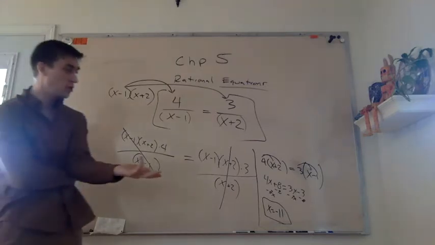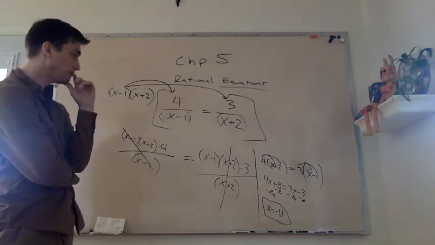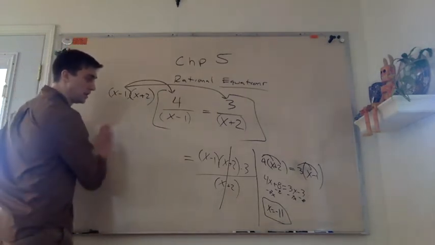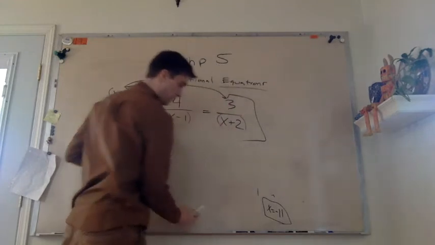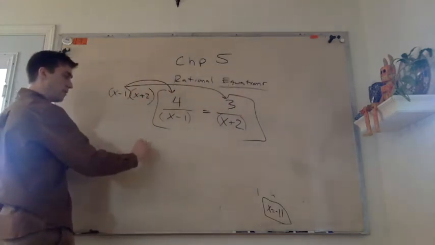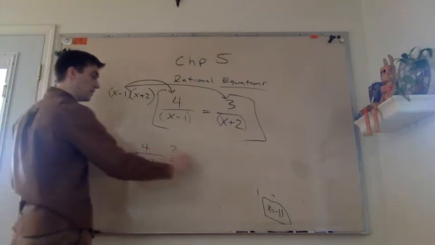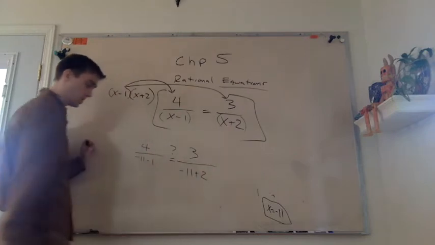So again, you should check to make sure that that's correct. Plug negative 11 back in for x. See if you get a true statement. Right, so is 4 divided by negative 11 minus 1 equal to 3 divided by negative 11 plus 2?